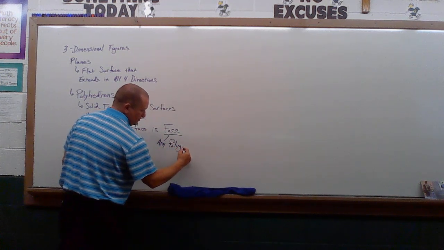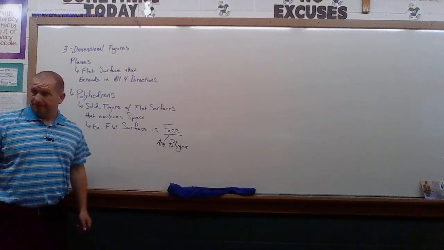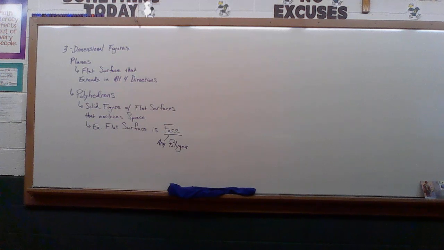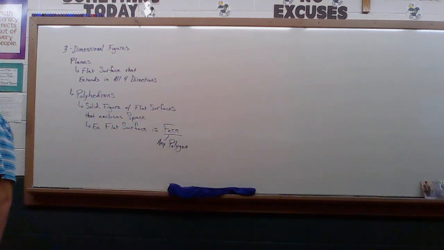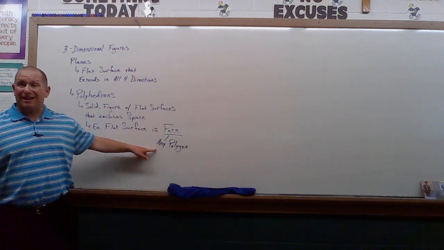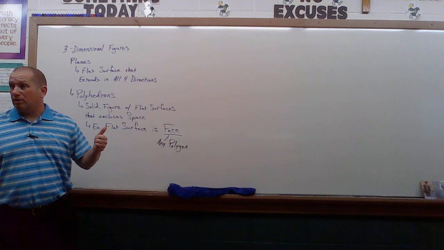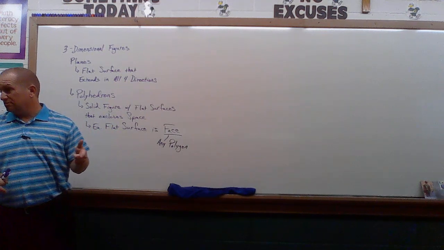What's a polygon again? A shape with closed sides and straight lines, right? It has to have straight lines, and it has to be enclosed. Most of the time when we talk about faces being polygons, they're either going to be a parallelogram, more specifically a rectangle, or they're going to be triangles.